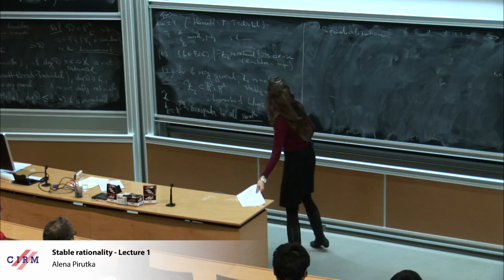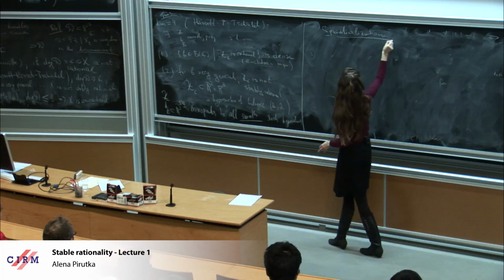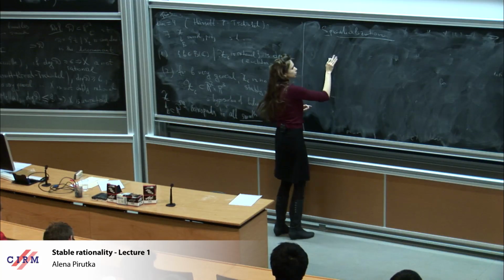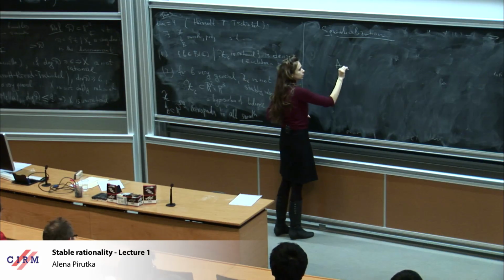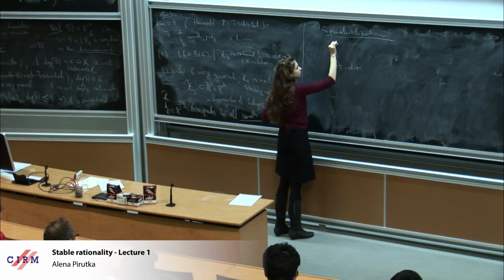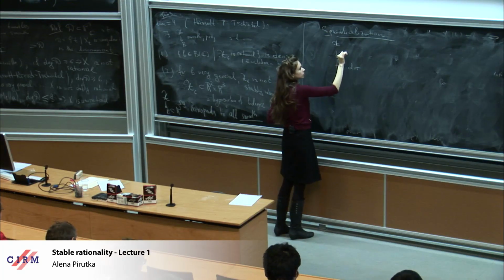Okay, so then a couple of words about specialization. Let me put it in a local situation. So I have a discrete valuation ring, and I have some smooth and projective map.